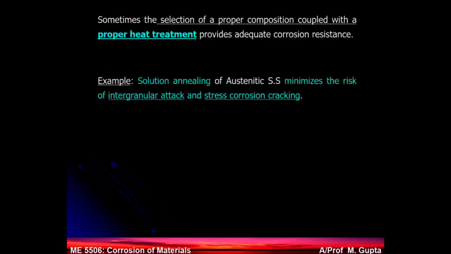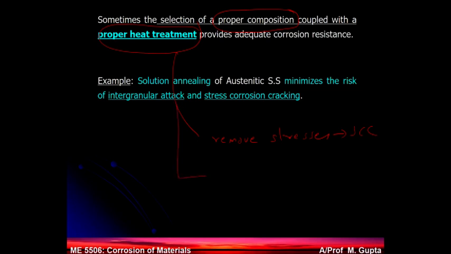You can also, beside the proper composition, which we have just discussed, do the heat treatment. By doing the heat treatment, for example, you can remove stresses, and hence you can take care of stress corrosion cracking. You can change the microstructure.